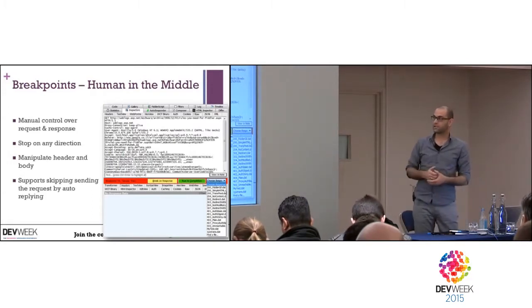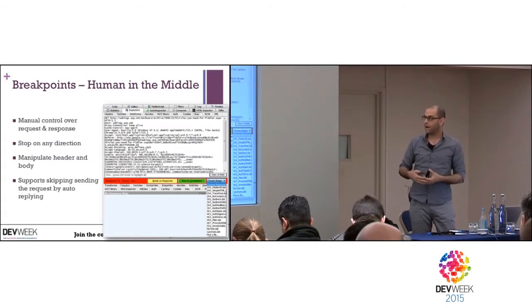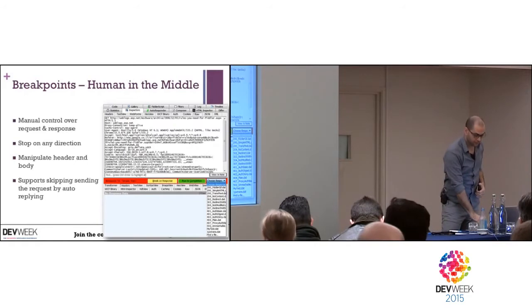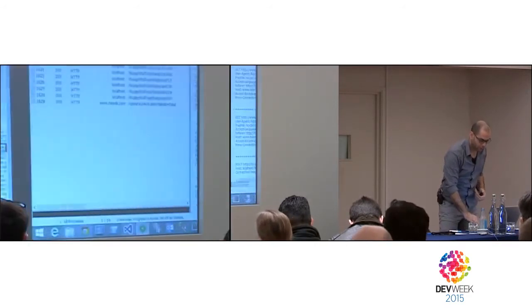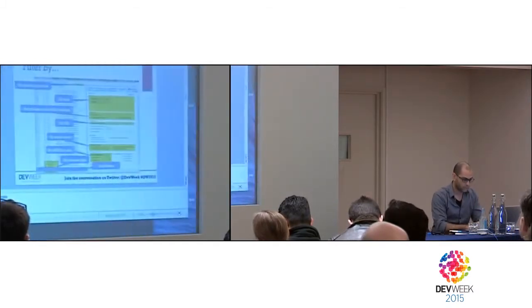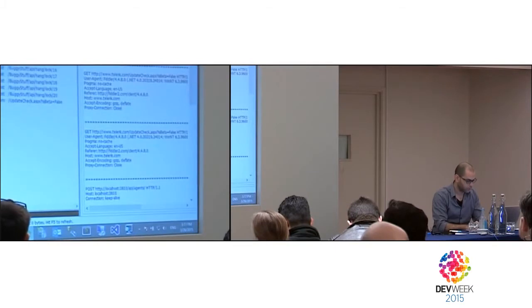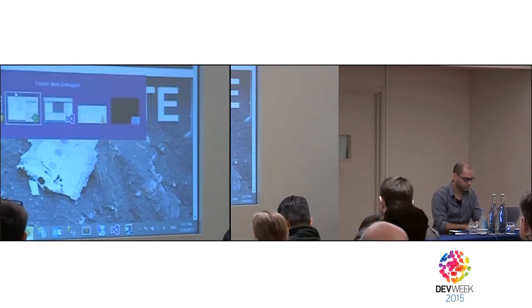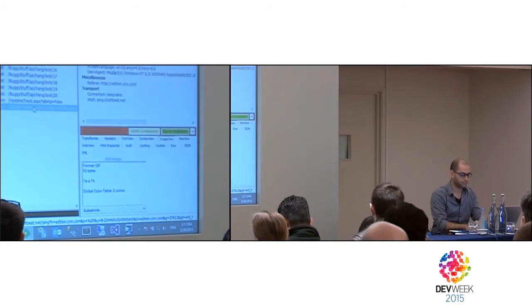I can also set, instead of manually editing this stuff, I can choose out of a set of existing responses. So yeah, breakpoint. If I want to issue a breakpoint, let's turn that back on. Here you go.